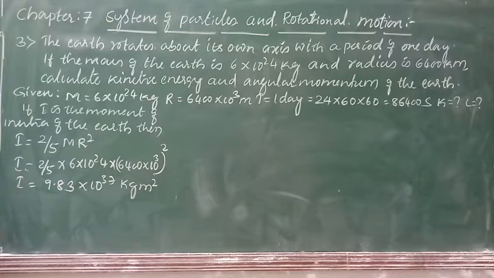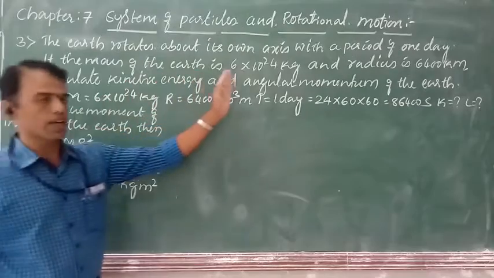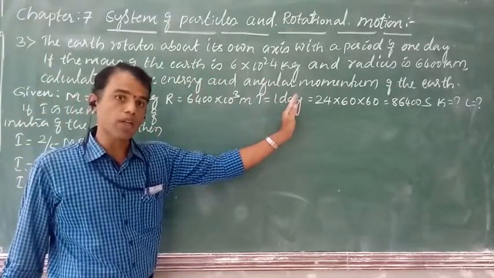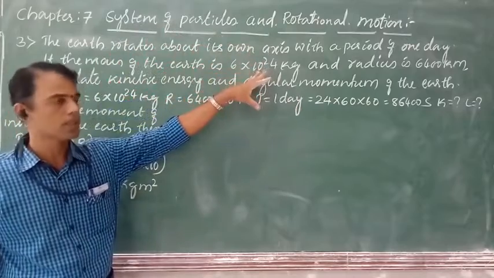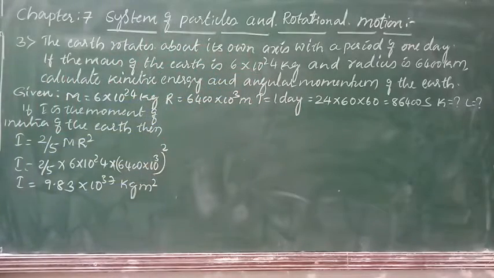Now let us calculate the angular velocity of the Earth, with which it rotates about its own axis in a period of 1 day.